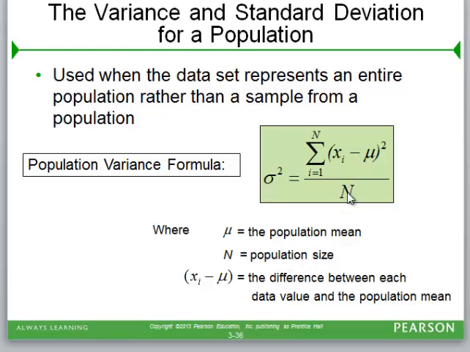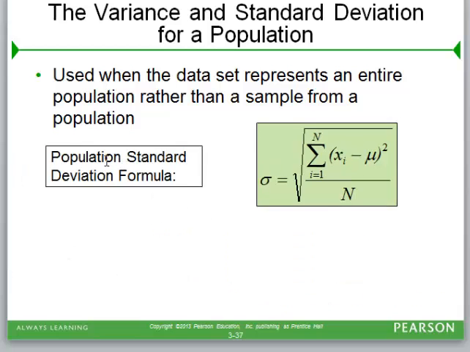N is the population size. So xi minus mu is the difference between each data value and the population mean. Therefore, the population standard deviation is sigma, the square root of the population variance. Keep in mind that we use sigma to represent the population standard deviation.